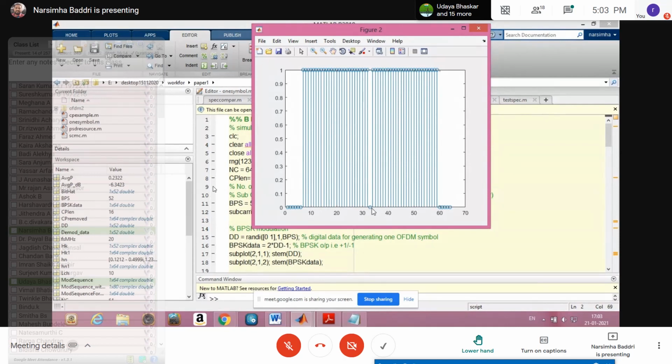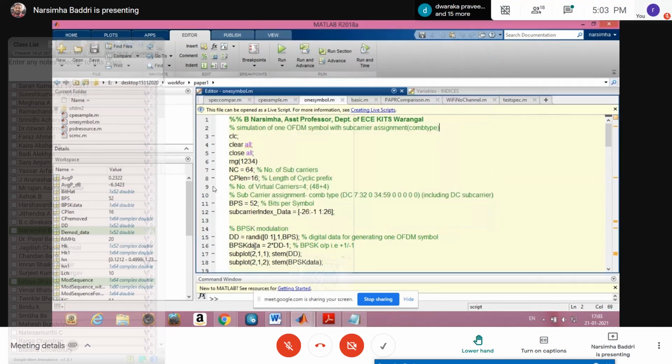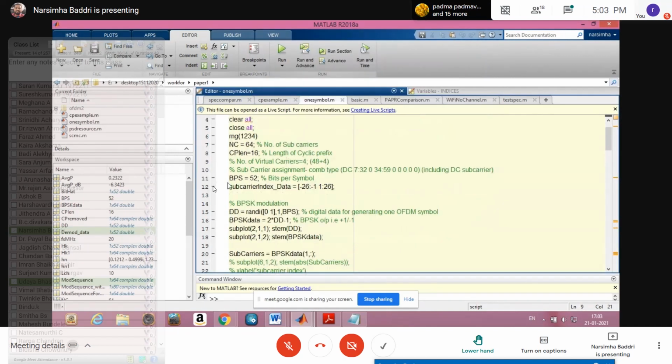If you see the 64 subcarriers, the first 6 subcarriers are not used, the middle one is a DC subcarrier, and the last 5 are not used. So this is the assignment of subcarriers for a total of 64 subcarriers.